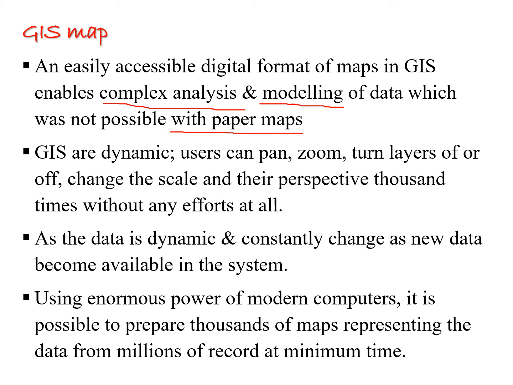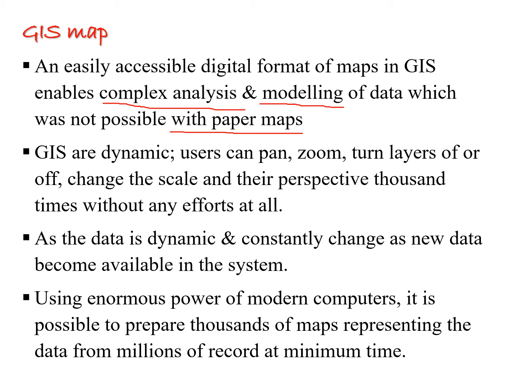Then you can change the scale. This is also possible in the digital format, and you can magnify the perspective 1,000 times without any effort at all, without making any changes to your digital format.